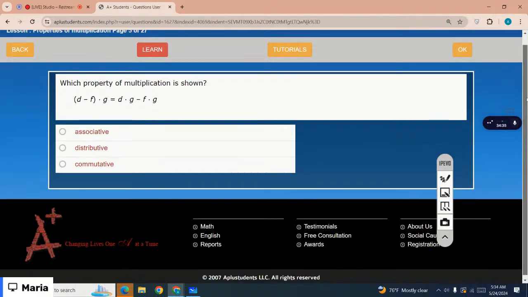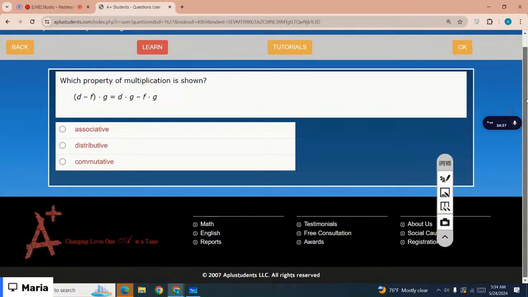That is distributive property. The correct option is distributive.